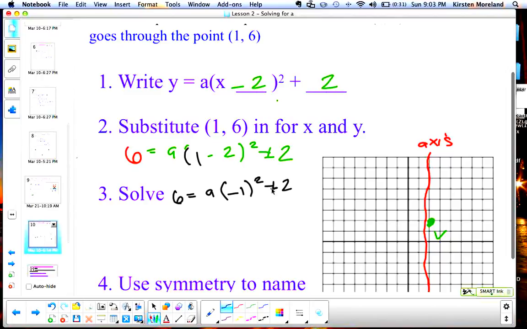Now what I always do is I always move this 2 over because then I can get rid of it. I cannot add it to this part because there's an a attached to it. So always move that extra number over first. So I get 4 equals a times -1 squared. Well, how nice for me, -1 squared is really just 1. So I can divide by 1 if I want and see that a equals 4.